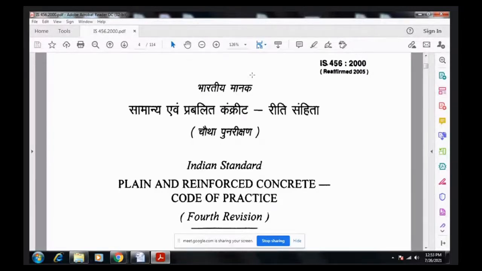And that is why you know that normally in the third year, fourth year level, IS 456 is the code for reinforced concrete. When you are designing reinforced concrete, or plain concrete without reinforcement, then this particular code, IS 456, is to be followed.